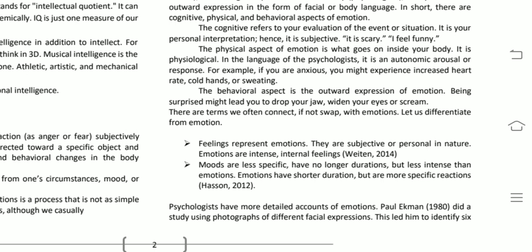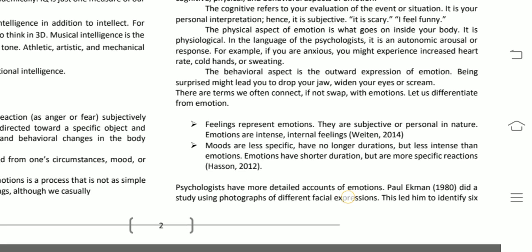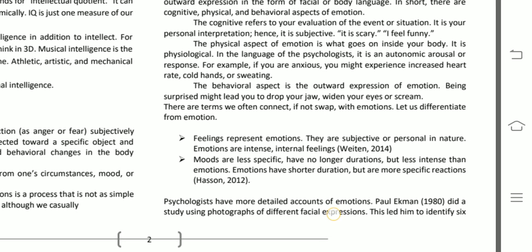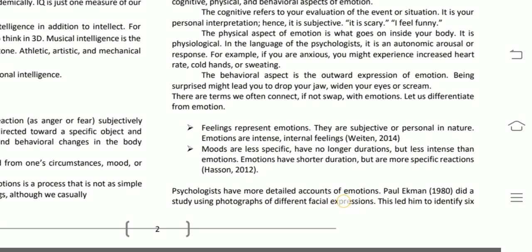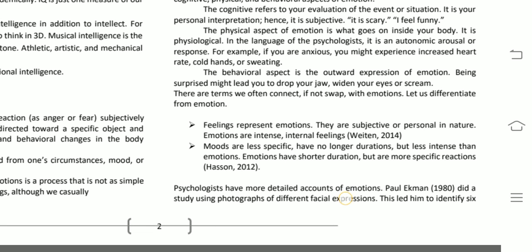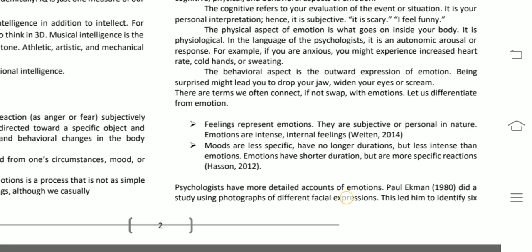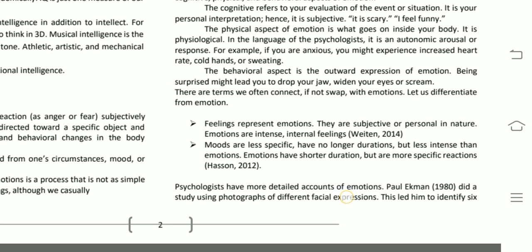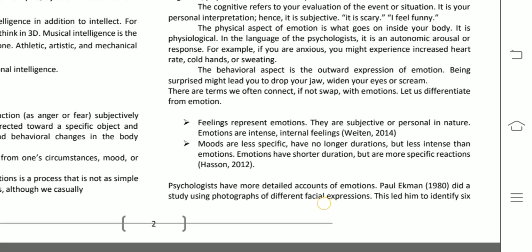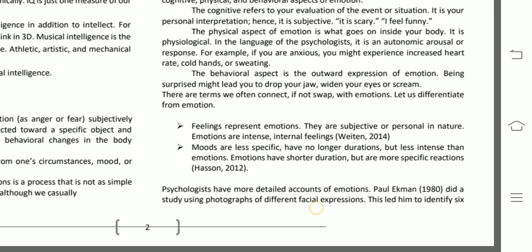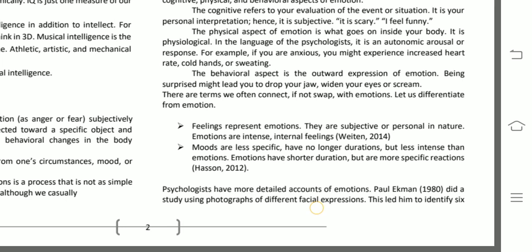Sumunod naman guys are the moods or less specific. Okay? So, yung moods naman, according to the definition of Hayson in 2012. By the way, to go back with yung feelings that is represented by emotion, it was discovered and written by Witten in 2014.